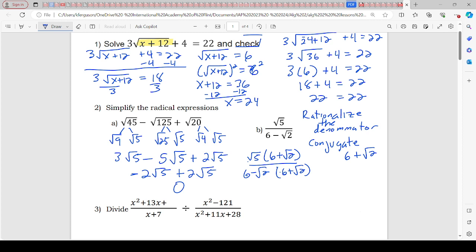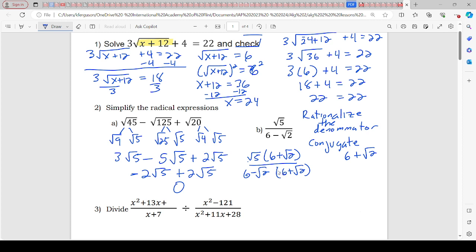Now, does anybody see that there's a pattern in the denominator? It looks like something that we talk about all the time in here. Does anybody know? The difference of squares. It's not the difference of squares, but it looks like it. I've got the same stuff but different signs.